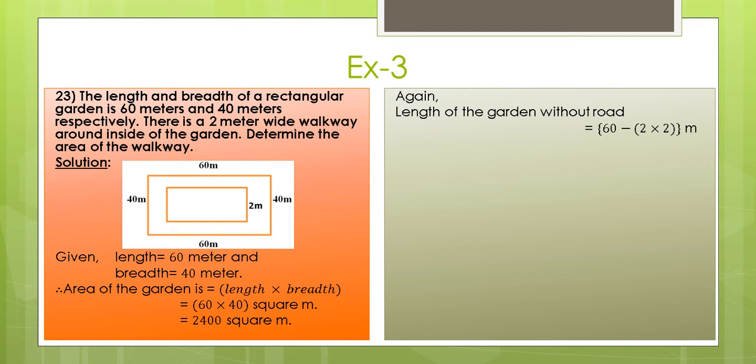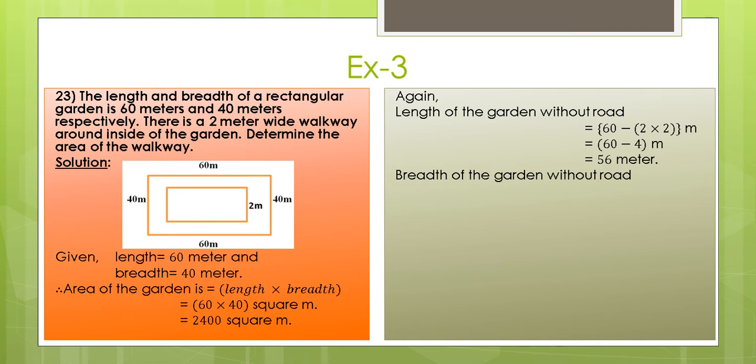As you can see in the figure on the left side, there are 2 sides of length. That's why we have to multiply 2 meter with 2, that is 2 sides of length. So 60 minus 2 multiplied by 2, that is 4, that is 56 meter.